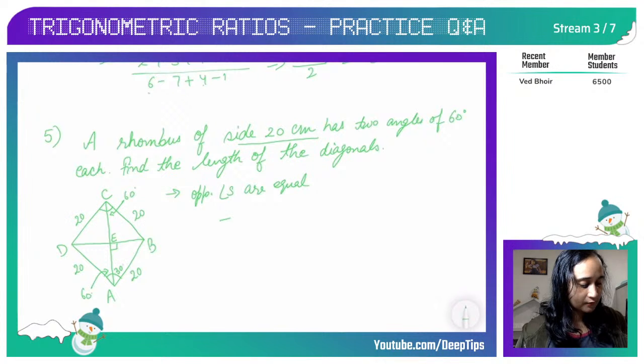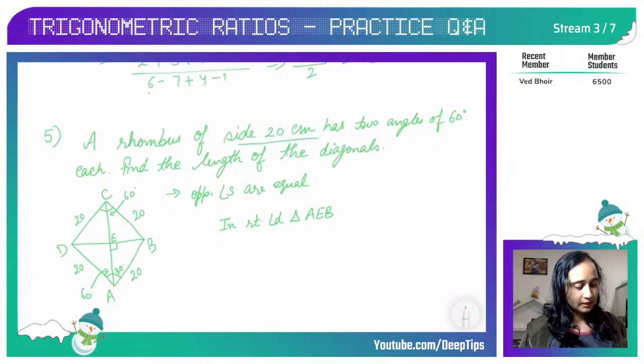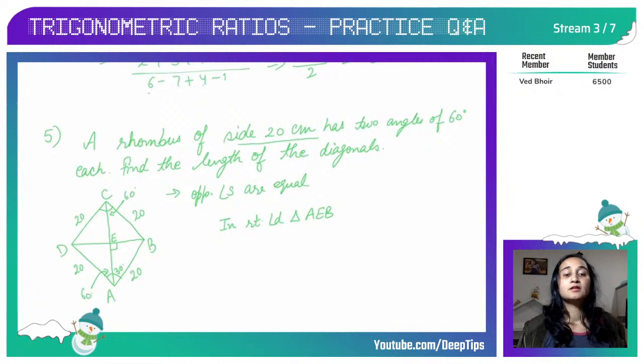So now I can write in right angled triangle AEB, we know that it is right angled at E. I have this angle EAB 30 degree. Now I know trigonometry, I know my Pythagoras, and I know my trigonometric ratios. So children, when I am taking triangle AEB, my angle is at A. I told you always that the side opposite to 90 degree is hypotenuse.